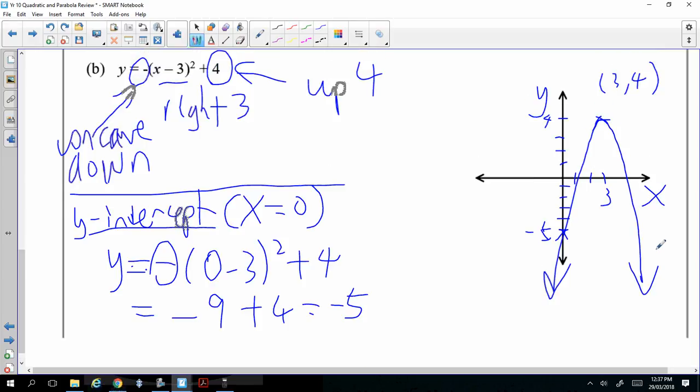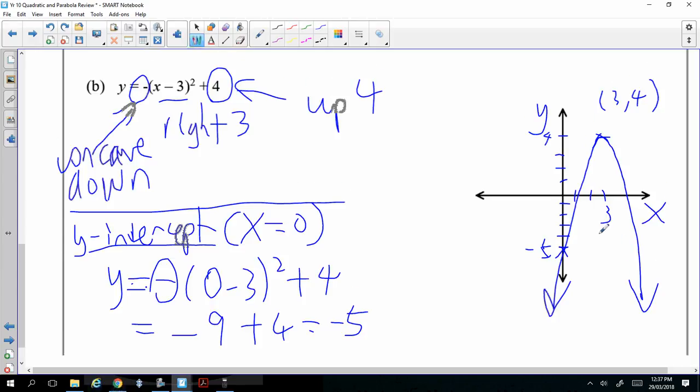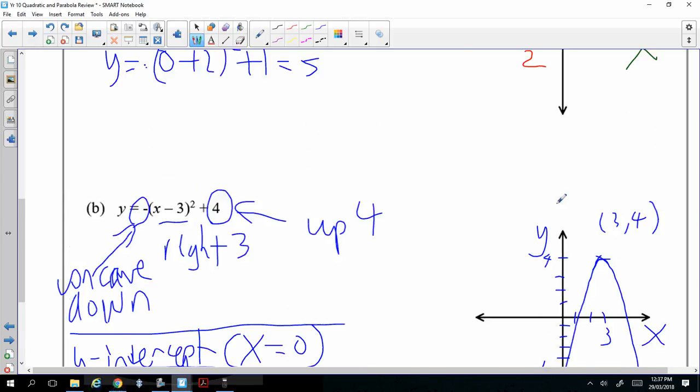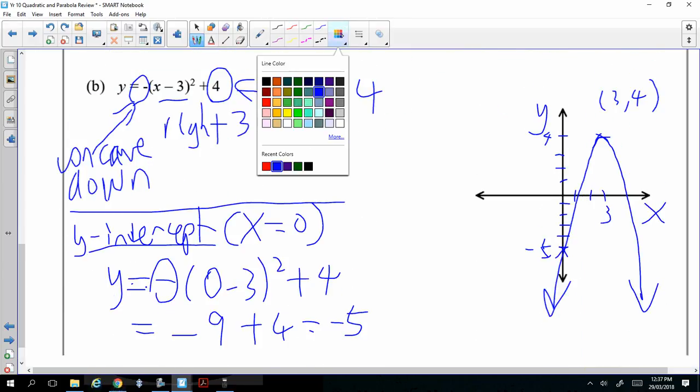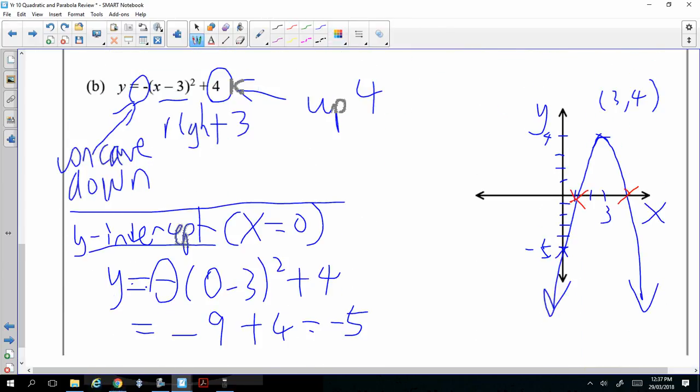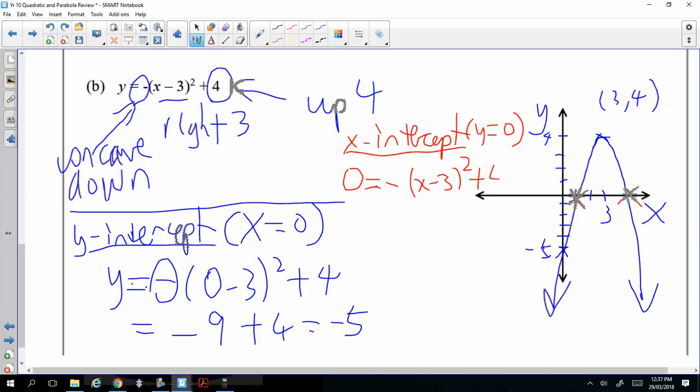You just make y 0. Then you move the x minus 3 squared to the left side, and then take the square root, which is equal to plus or minus 2, and the answer will be 3 plus or minus 2.